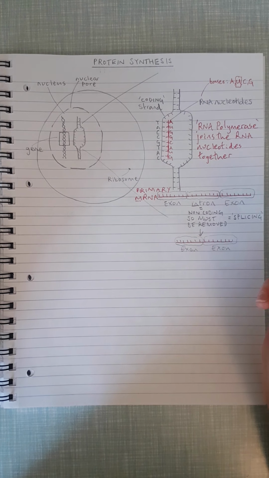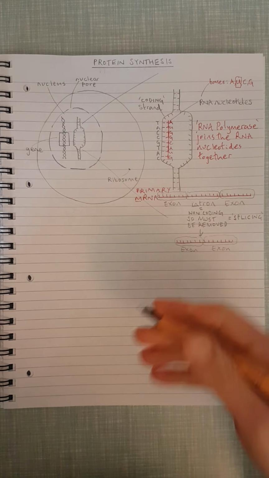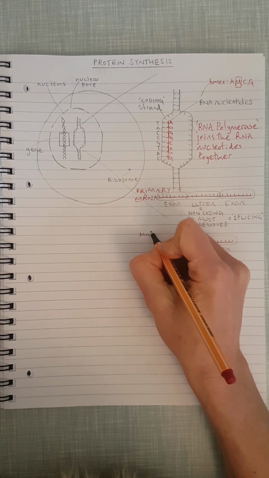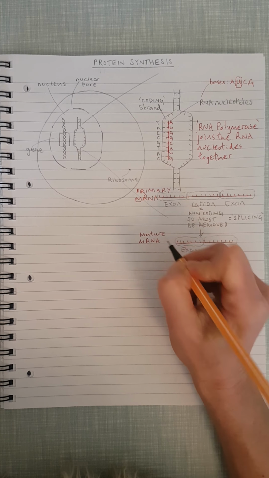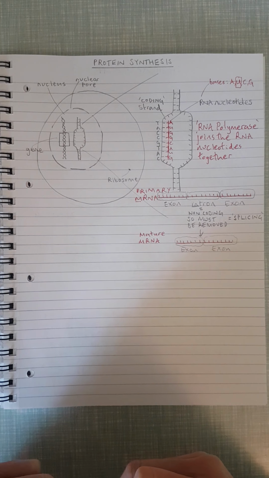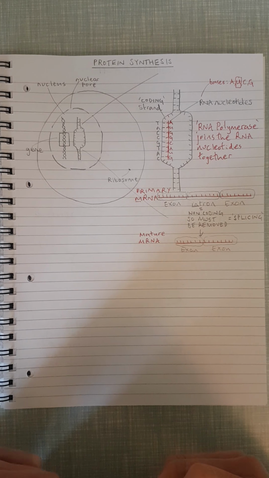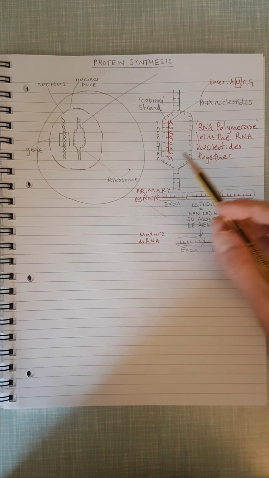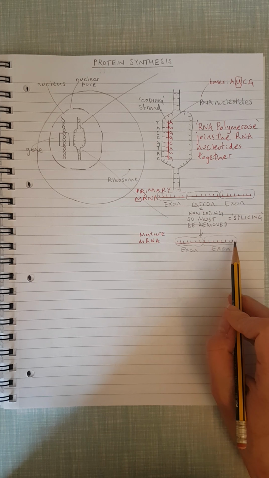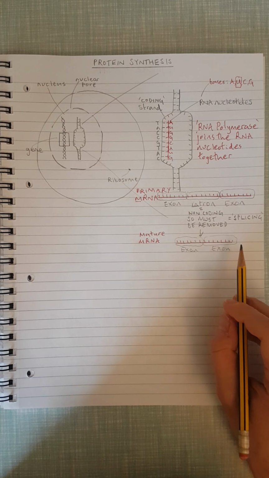So the introns are spliced out, and what we now have is a mature mRNA. And that's what's going to leave the nucleus and go off to the ribosome and have its sequence of bases translated into a sequence of amino acids.